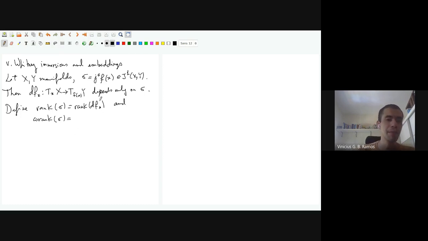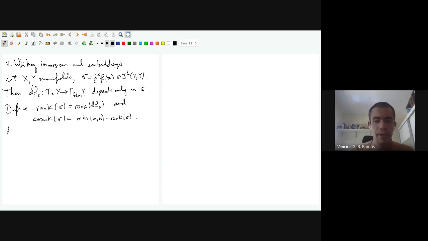So the maximum rank of a linear transformation is the minimum of the two dimensions. So this is the minimum of n and m, minus the rank of sigma. Okay, so you are maximum rank if and only if the co-rank is 0.